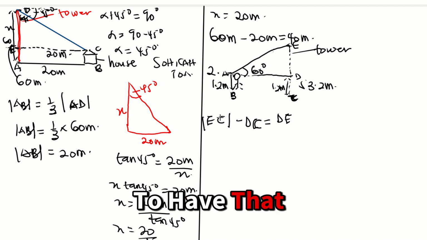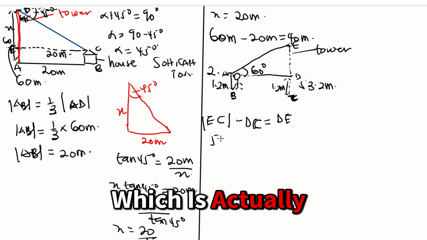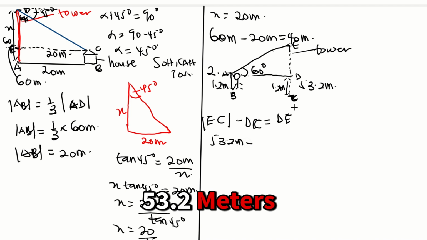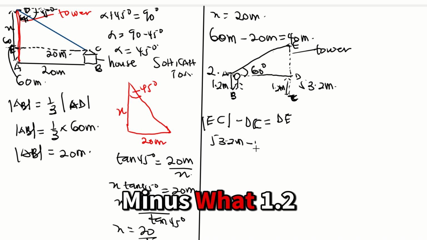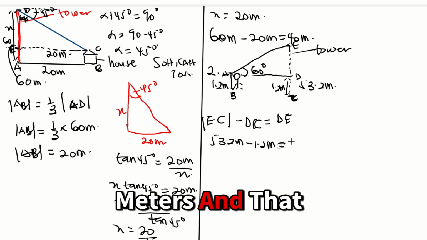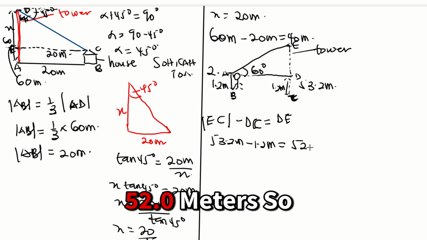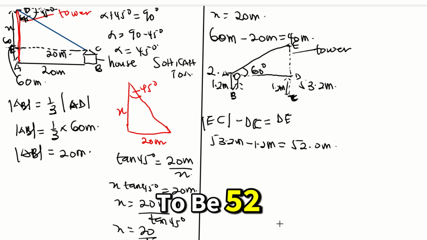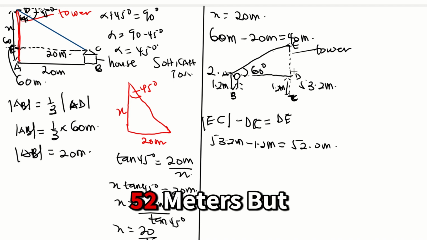So we are going to have that EC, which is actually 53.2 meters, minus the remaining height here, minus 1.2 meters, and that is going to give us 52.0 meters. So that is going to be 52 meters. All right, so here is 52 meters.